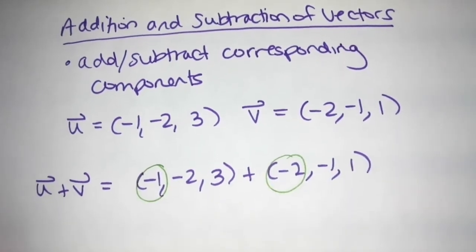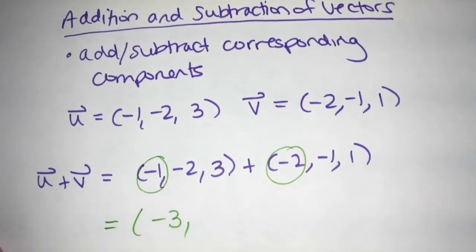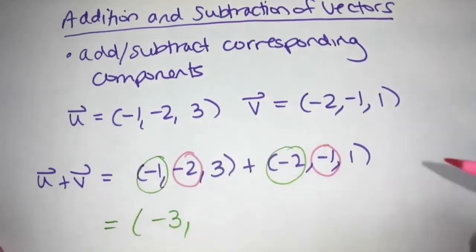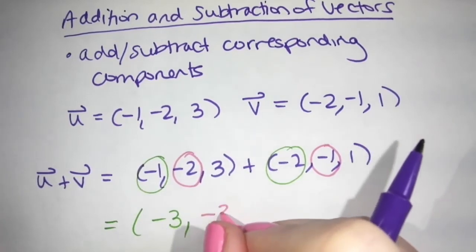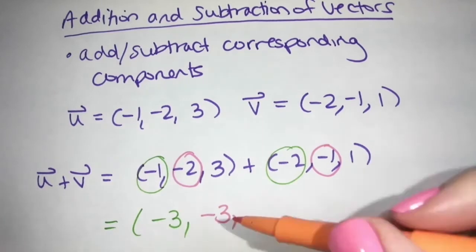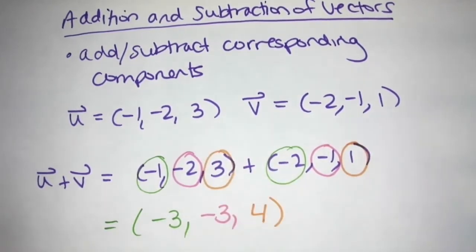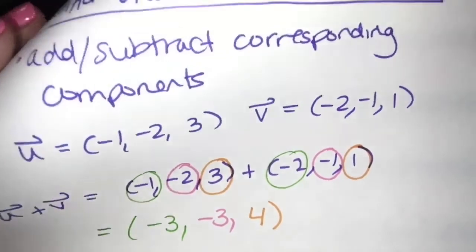So the first component, we have -1 plus -2. That would be -3. In the second component spot, we have a -2 plus a -1. So -2 plus a -1 would be a -3. And in the third component, we have 3 plus 1 would be 4. And so our new vector is -3, -3, 4.